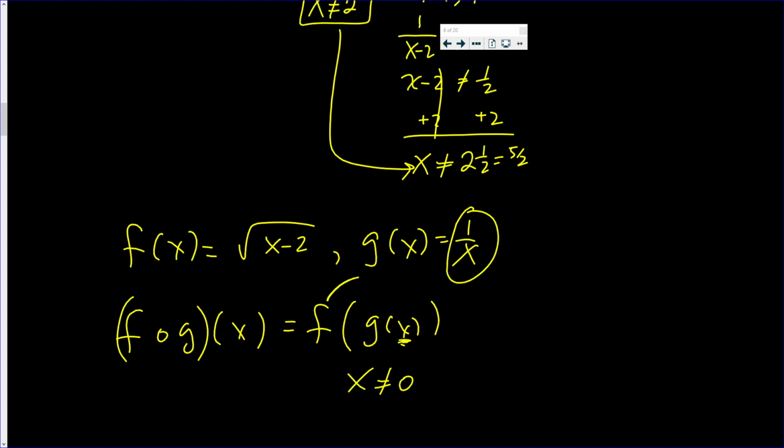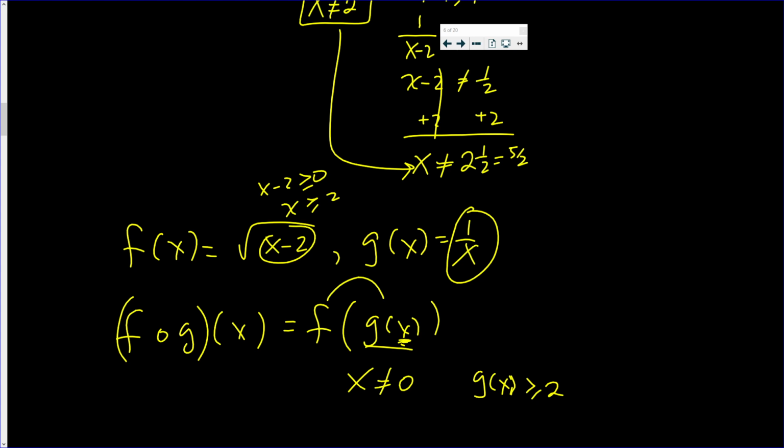Now we're taking f of this. So what can this be? What can't you take f of? Well, that's not just one value. You can only take f of values that are 2 or more, because you need x minus 2 to be positive or 0.